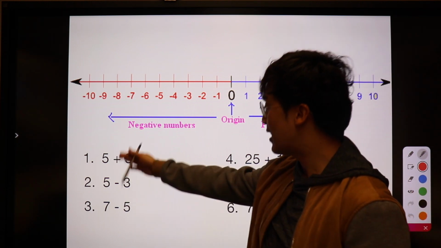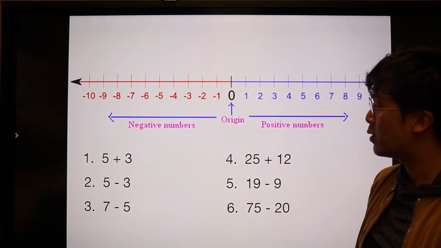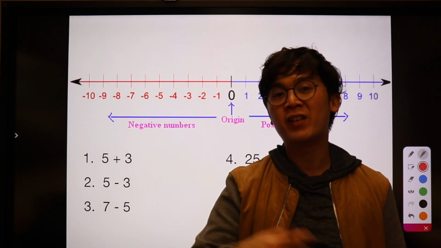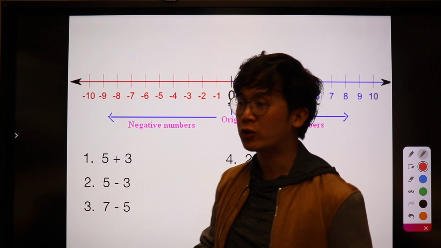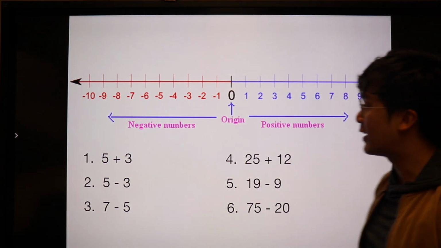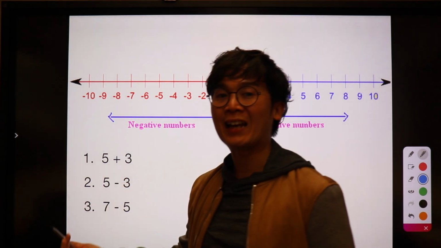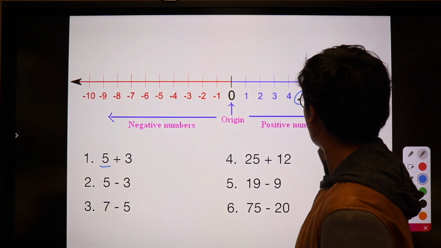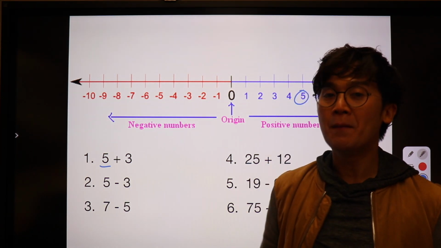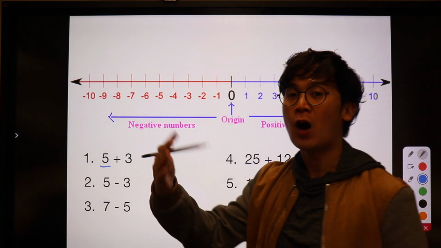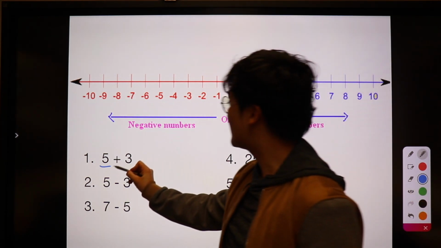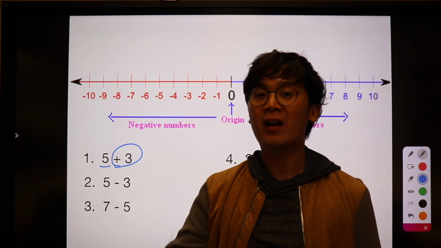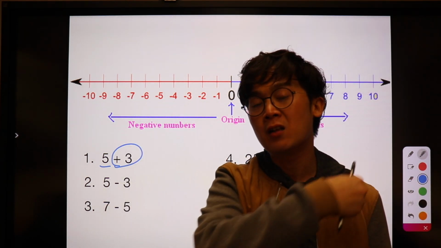And for problems 1, 2, and 3, I'm pretty sure most of you are able to answer this without the use of the number line. But for the sake of you who have not seen a number line or don't know how to use the number line, it is pretty simple. If we're going to be adding 5 plus 3, the first number that you're seeing, which is 5, means that you're going to be starting with that positive integer, also known as positive whole number, and then this addition sign of plus 3 means you're going to move 3 units going to the positive direction or to the right.